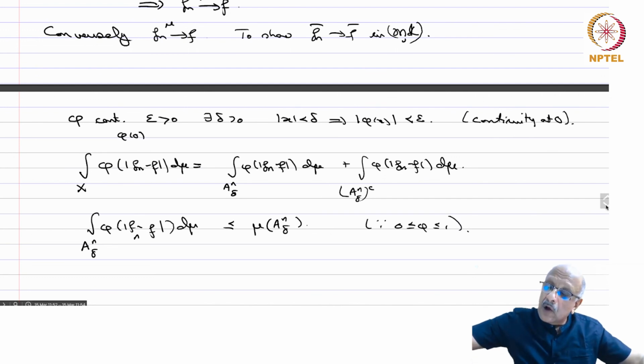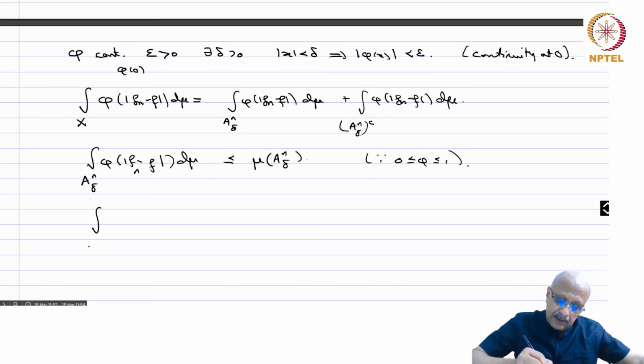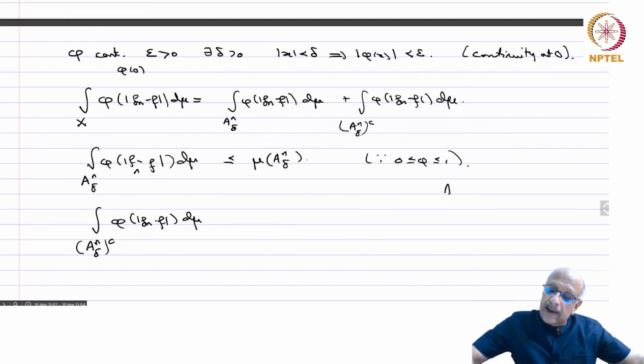Now what about the complement? On A_n delta complement we have mod f_n(x) minus f(x) is less than delta.